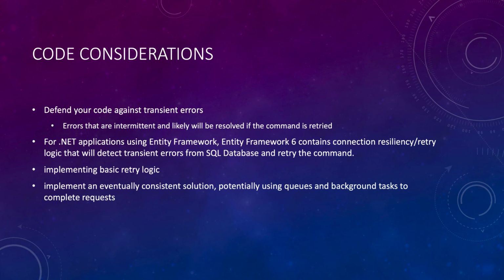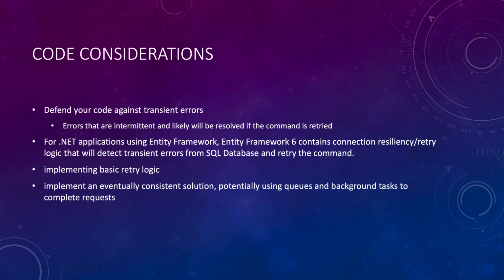There is much more to designing resilient cloud-based applications than just implementing basic retry logic. It may also be necessary to reconsider how an application processes the data. For instance, it is often helpful to implement an eventually consistent solution, potentially using queues and background tasks to complete the requests.